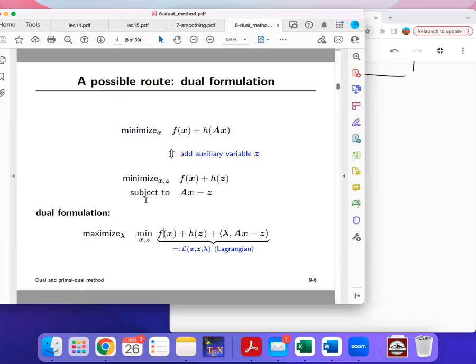You can view the inner problem this way: for every fixed lambda, we can consider this inner minimization problem. If lambda is fixed, then this is a valid optimization problem, and I can minimize over x and z. So for every lambda, I can do the inner minimization, and outside this inner minimization, we further maximize over lambda.